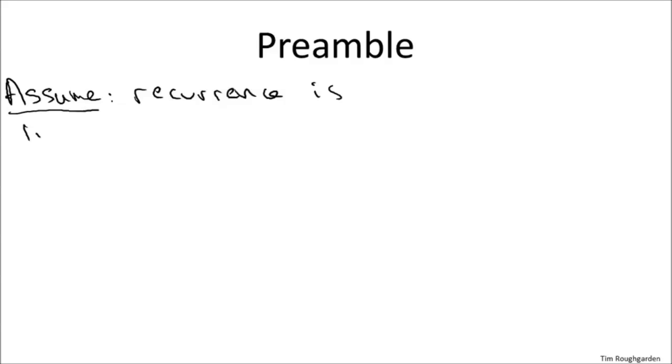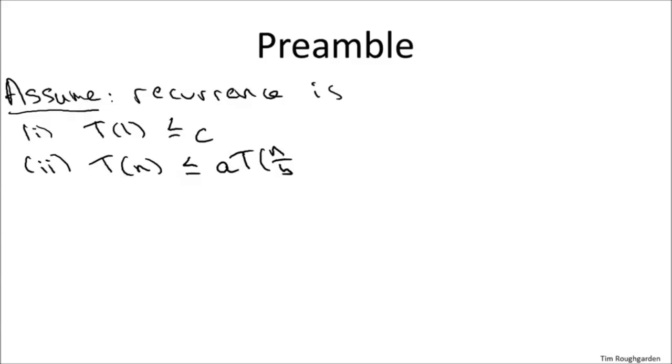That being said, let me begin with a couple of minor assumptions I'm going to make to make our lives a little easier. So first, we're going to assume that the recurrence has the following form. Here, essentially all I've done is I've taken our previous assumption about the format of a recurrence and I've written out all of the constants. So I'm assuming that the base case kicks in when the input size is 1, and I'm assuming that the number of operations in the base case is at most c, and that constant c is the same one that was hidden in the big O notation of the general case of the recurrence.